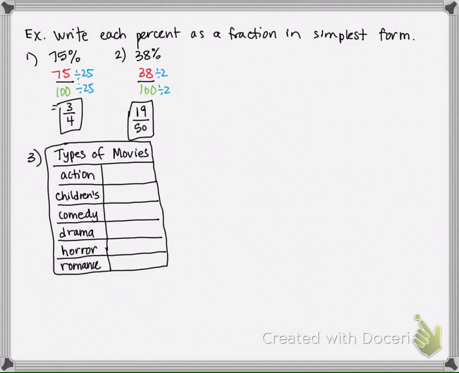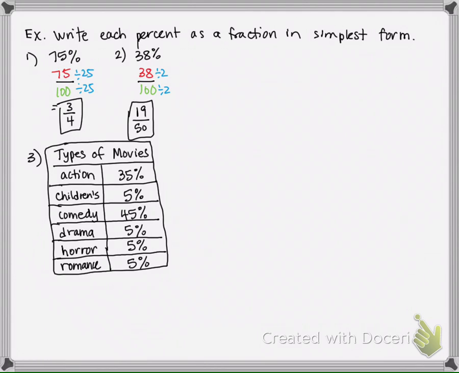Okay, so action, 35% of the movies rented were action. 5% were children's. 45% were comedy. 5% was drama. 5% was horror. And 5% was romance. So clear-cut comedy is the winner here.